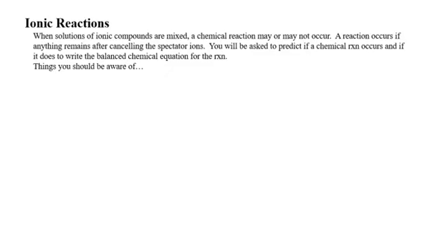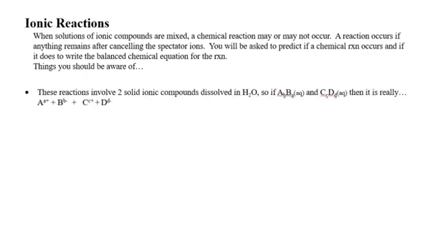So you have ionic reactions, and there are a couple of things you need to be aware of for ionic reactions. Once you can determine whether something's soluble or insoluble, what are you dealing with in these ionic reactions? First, you're typically given the two reactants, but the two reactants aren't really the two reactants themselves.